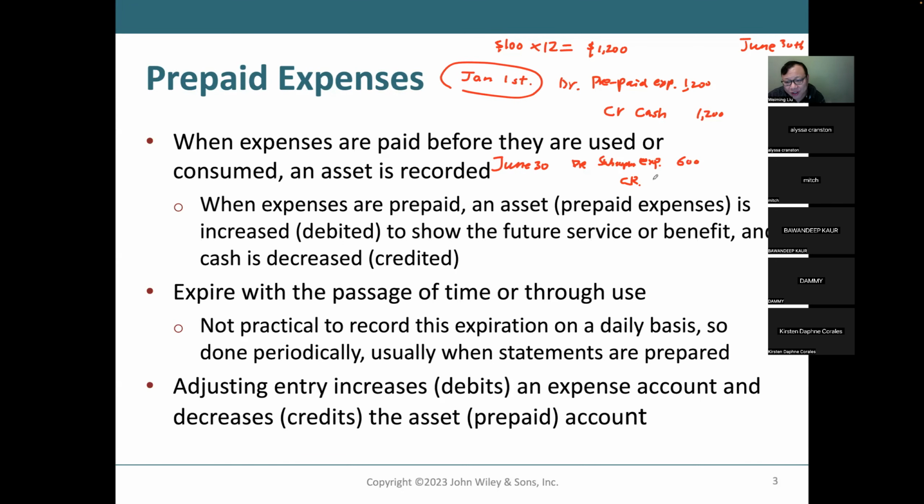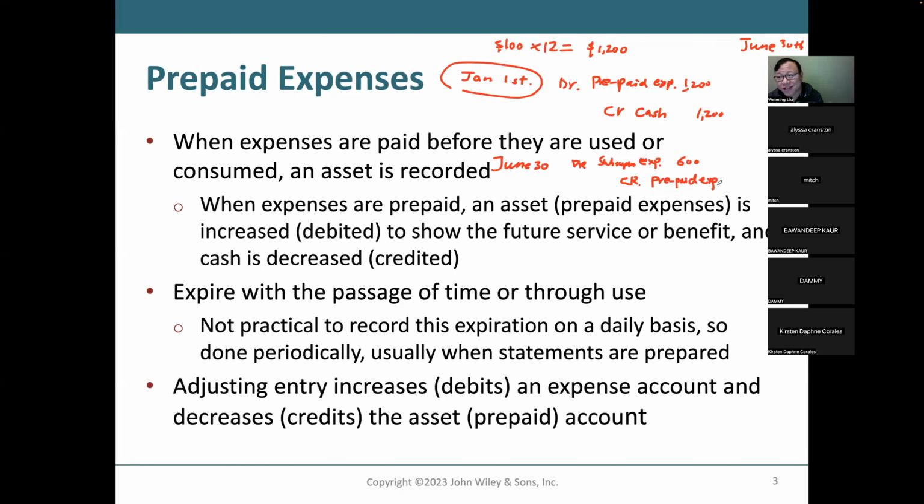Yes, very good. Prepaid expenses. This asset now has less benefit, right? We recognize prepaid expenses as a current asset because it's going to generate future benefits of the 12 magazines. But now on June 30th, there are only 6 magazines left.